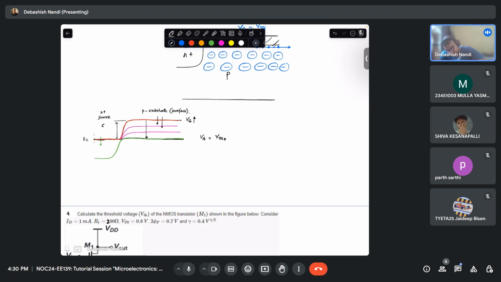Then your channel was perfectly formed, right? Now you have increased your VCB greater than 0. Essentially you are pulling the conduction band of the contact to a lower value. This value is nothing but your QVCB. So you are again creating a barrier, right?